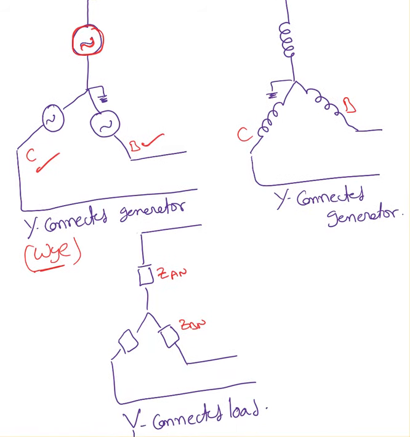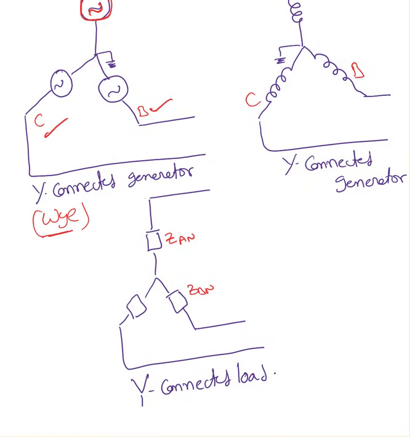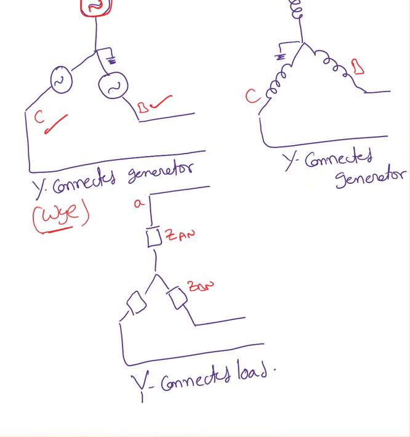When it comes to the load, usually I use small letters a, b, c, and most of the textbooks use the same scenario. So whenever you see small letters, that indicates the load.